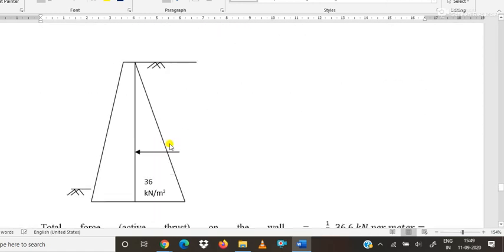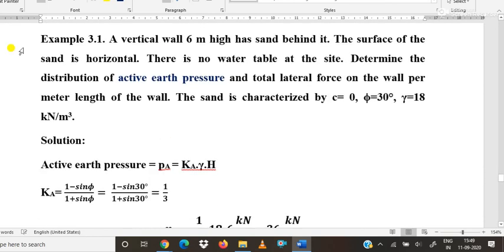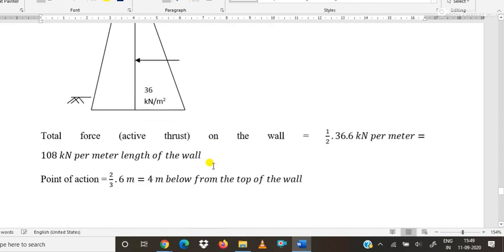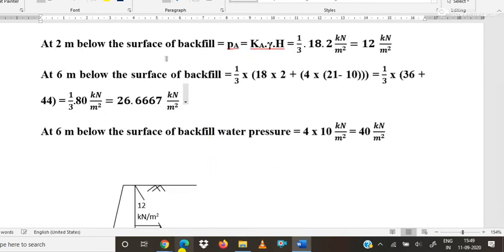Okay, this is the total solution of this problem with and without water table in the soil.